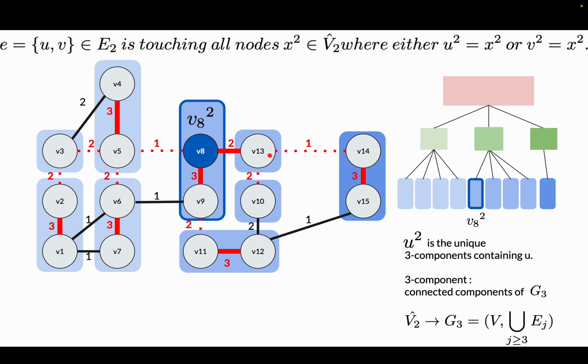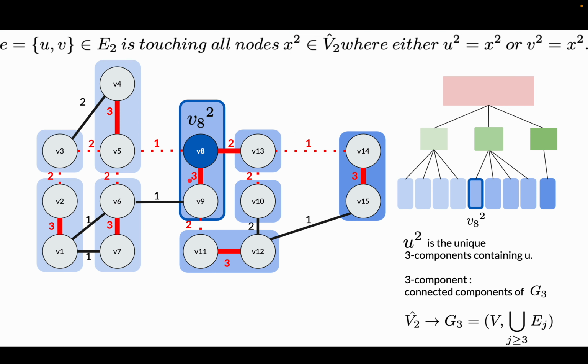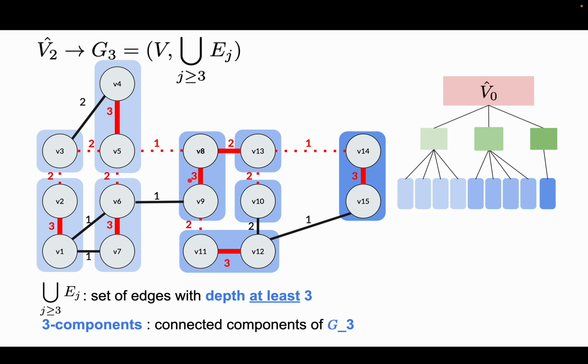And we can also find the corresponding connected component in a hierarchy tree or hierarchy forest. So the hierarchy of the connected components is just V hat i and E hat i. We have already defined V hat i, right? It's just a kinetic component of G_{i+1}. I really don't know why it was originally defined this way, because it really confused me when I read the paper.